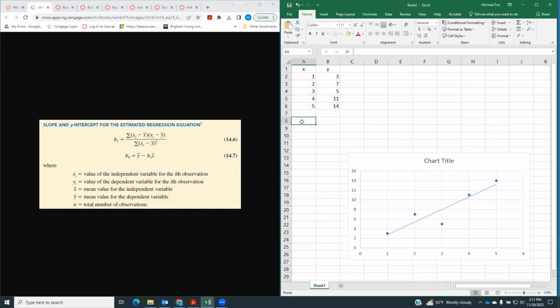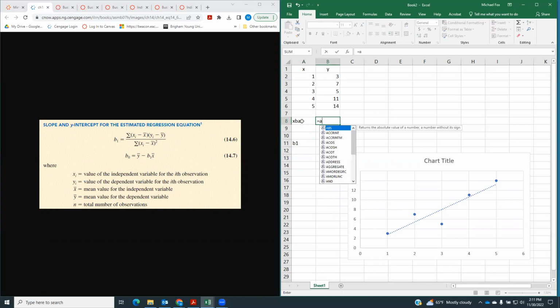All right, so b1, and I'm not gonna bother putting this as a subscript. It's more work than it's worth, so I'm just gonna call it b1. And you can see that it is the sum of xi minus x bar times yi minus y bar. Okay, that's a little confusing to begin with. If you remember, x bar just means the mean of the x values.